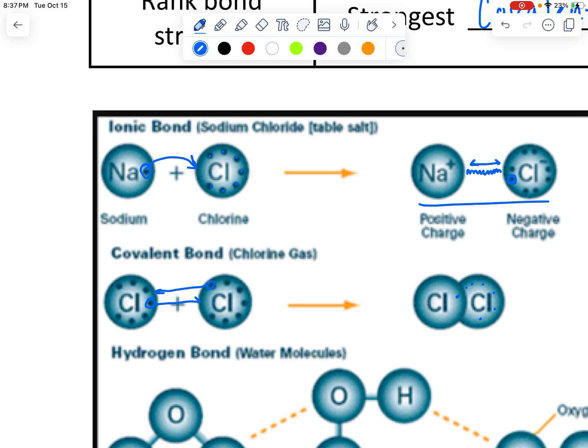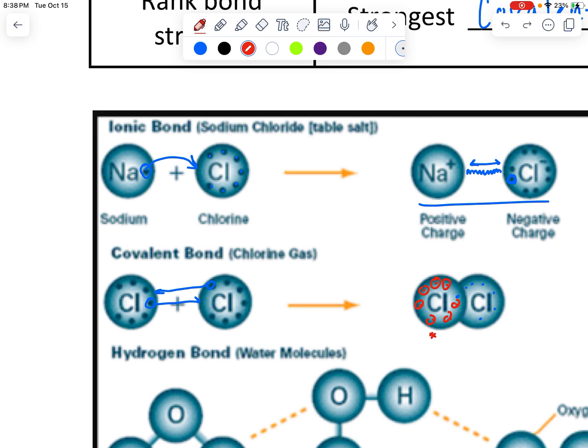If I change colors now, 1, 2, 3, 4, 5, 6, 7. That was done a lot better on that one. You can see that now if I count the electrons around the chlorine on the left, there's 1, 2, 3, 4, 5, 6, 7, 8, right?